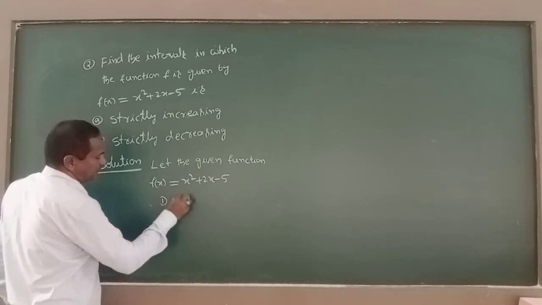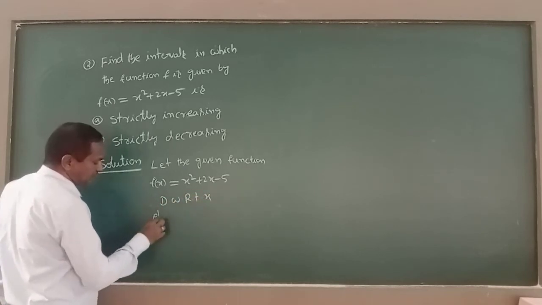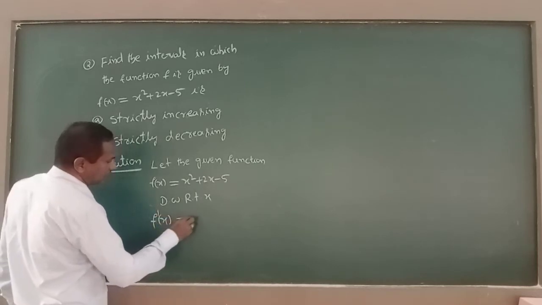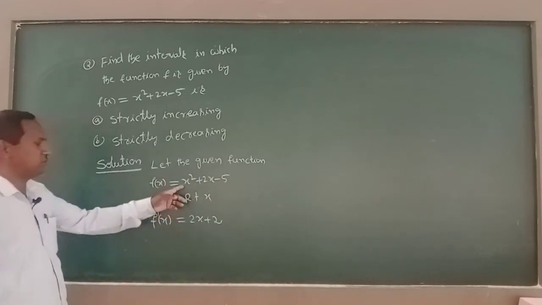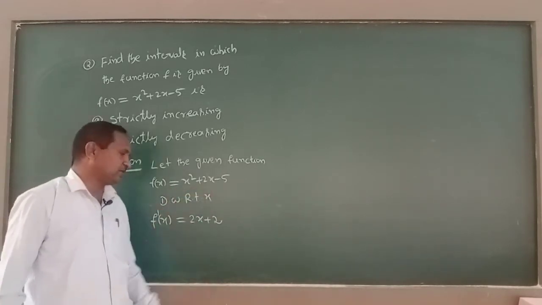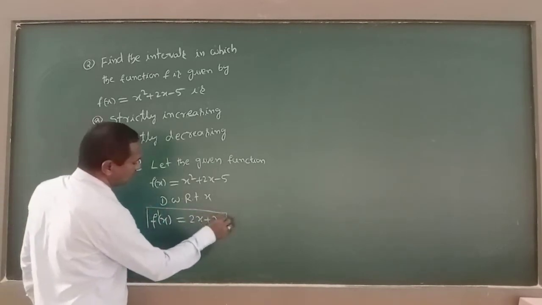Differentiation with respect to x. Then f dash of x is equal to 2x plus 2. d by dx of x square is 2x and derivative of 2x is 2 here. This is equation number 1.